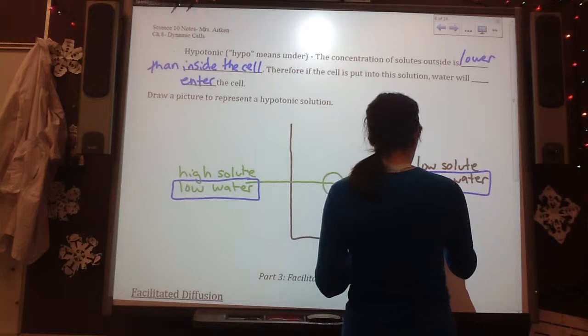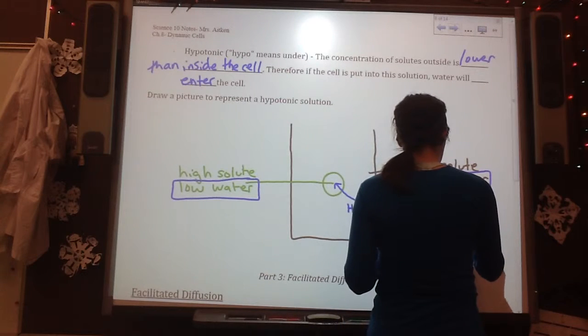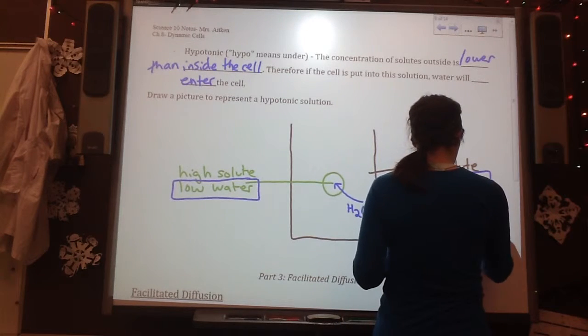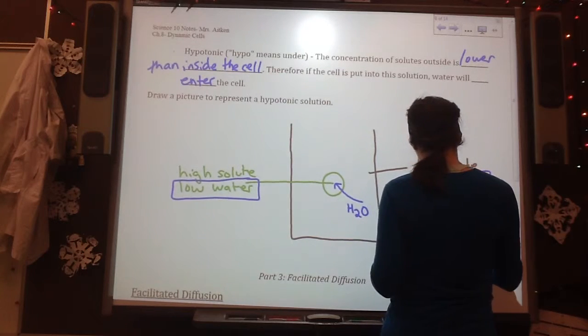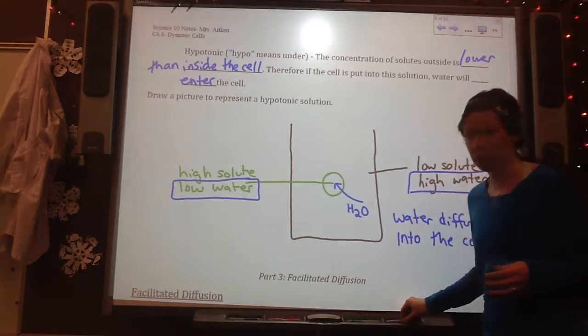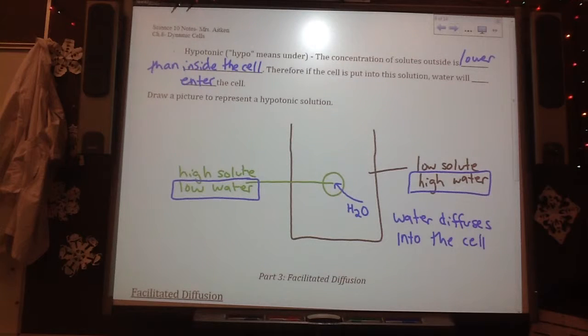So water diffuses into the cell. So the result will be a bigger cell. It'll expand because water has gone into it. And with a hyper, it will shrink because water has left it.